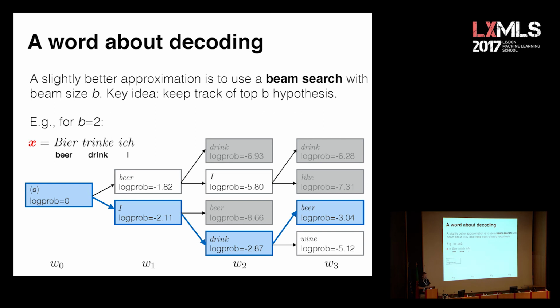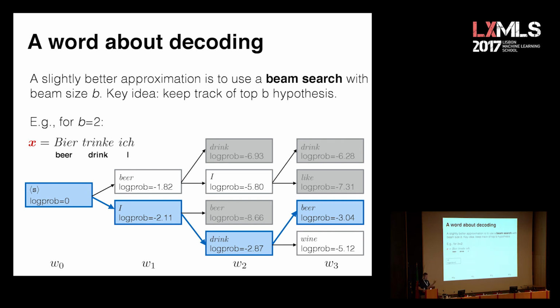The idea is that you keep track of the top B hypotheses. What this looks like is as follows. We're going to have a search state, which is the partial hypothesis and its score. And we're going to extend every partial hypothesis and find the next two best things according to the model.